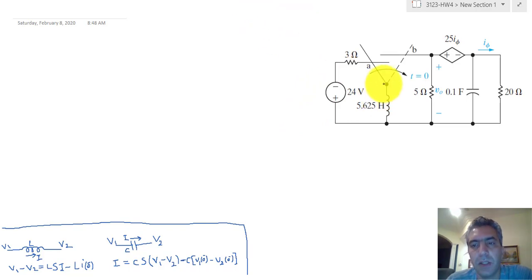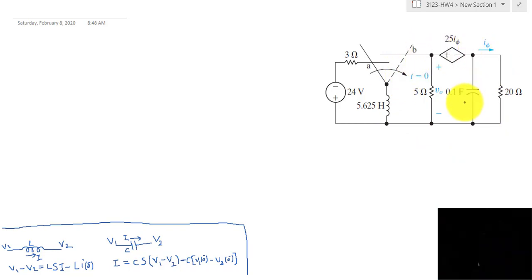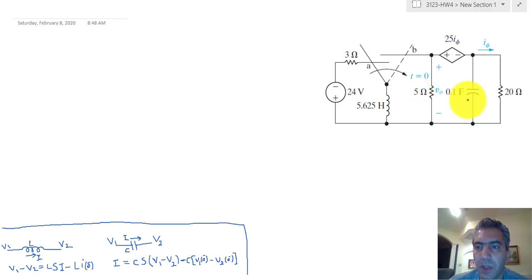So in the circuit, the switch has been in position A for a long time, and what that means is that all the way to t equals 0 there has been no independent source of energy connected to the circuit, and therefore we can conclude that there's basically no voltage and current in the circuit, including for the capacitor.